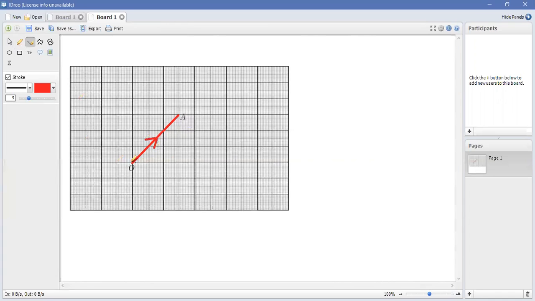So from here to here is 1, 2, 3. Then 1, 2, 3. So the vector of this line is written like this.